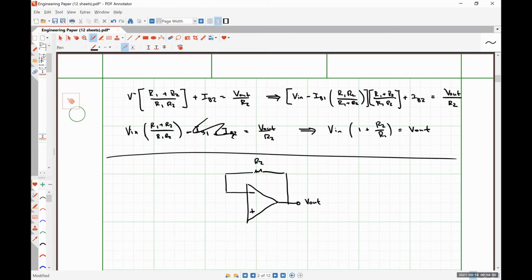Here's R2. Here is R1. Here is VN. Here's our current IB2.